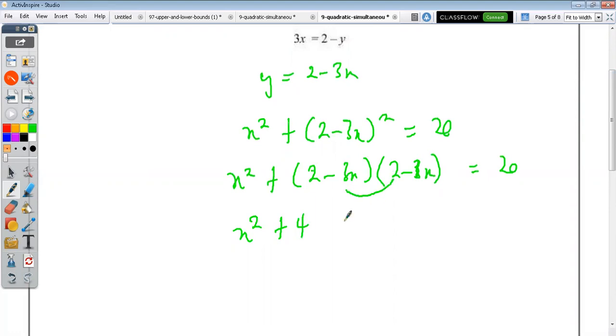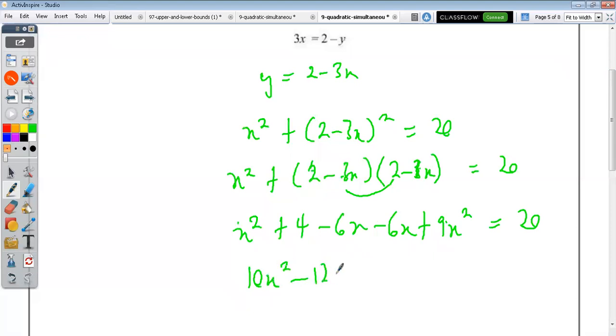Then we get negative 6x. If we multiply the other way, we also get negative 6x. Last term times last term gives plus 9x squared, which is equal to 20. Add the terms and we get 10x squared minus 12x plus 4 minus 20 is equal to 0.